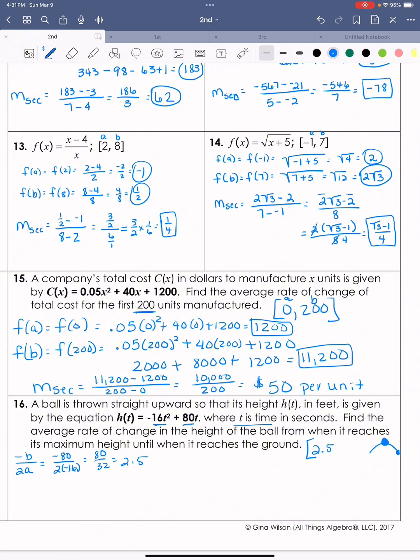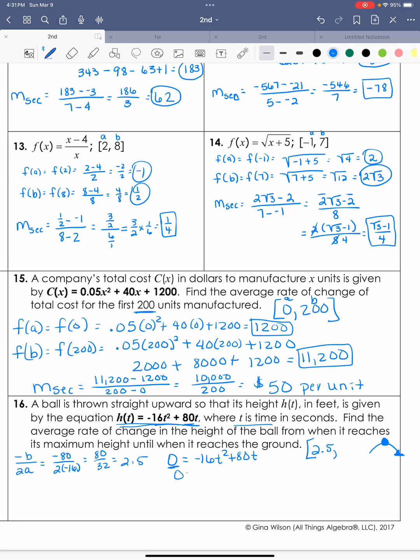Okay. So now to find where it hits the ground, which is this part down here, you're going to take your quadratic equation up here and you're going to put 0 equals negative 16t squared plus 80t. Because 0, the height at 0, that's where it's hitting the ground. Okay, so when we solve this quadratic equation, I'm going to do it by factoring.